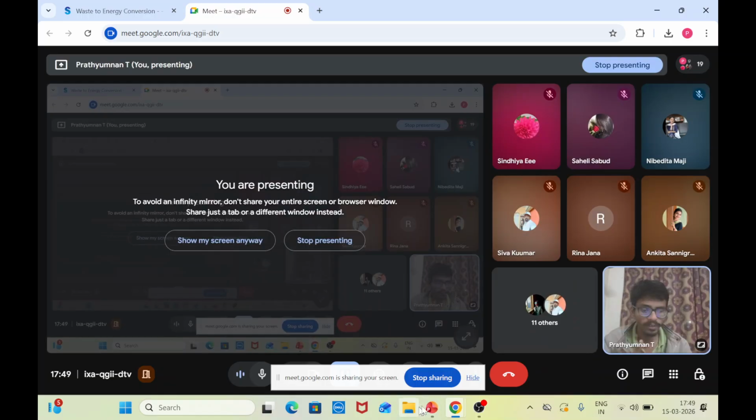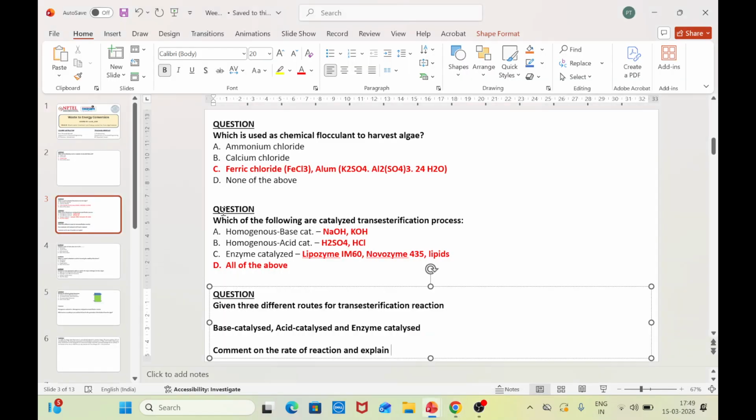So the question is, there are three different types of transesterification process we are discussing, right? Base, acid, and enzyme. Different types of catalyst. So as I said, catalyst is the one which helps in making sure that the chemical reaction proceeds at a faster rate.